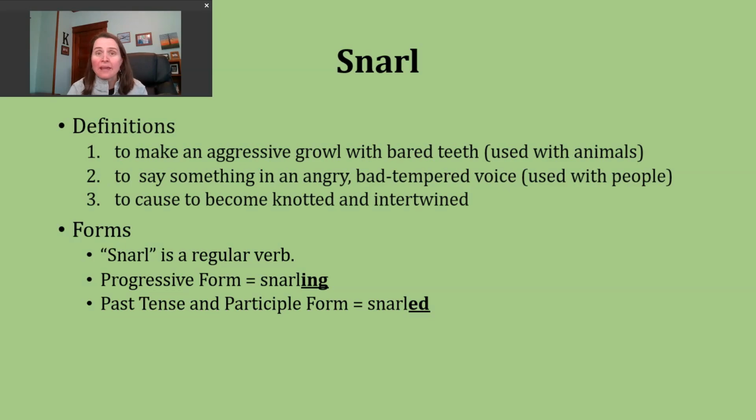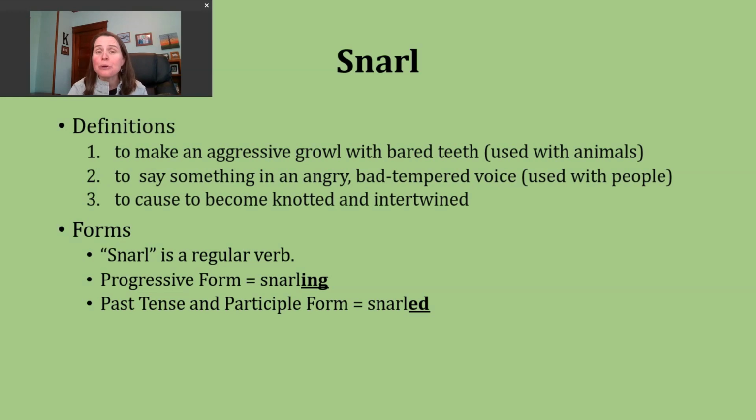A third way the verb snarl gets used can mean to cause to become knotted and intertwined. We'll see some examples of this later, but things like cords, wires, etc. can become knotted and intertwined.